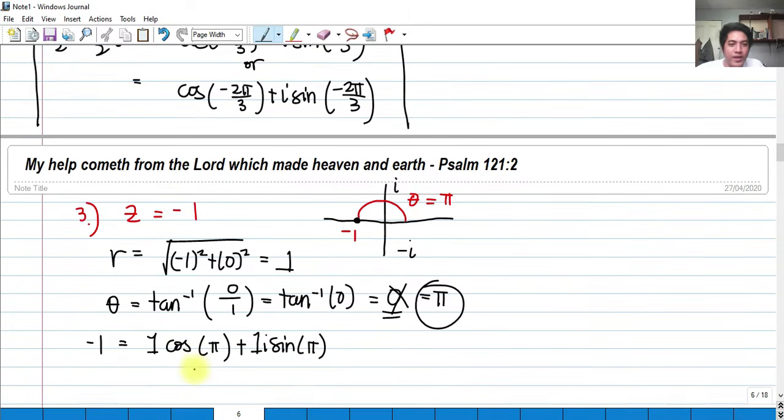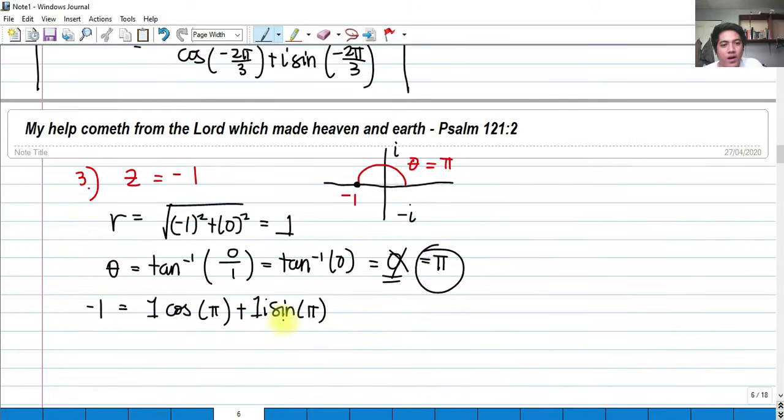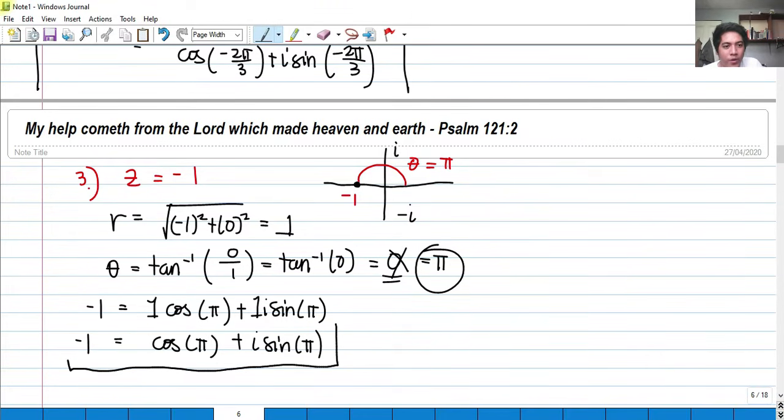We know that sine of pi is simply equal to 0, so we can leave it as it is. So we have cosine of pi plus i sine of pi. If we evaluate this, this is simply equal to negative 1. So this is the polar form for our answer in number 3.